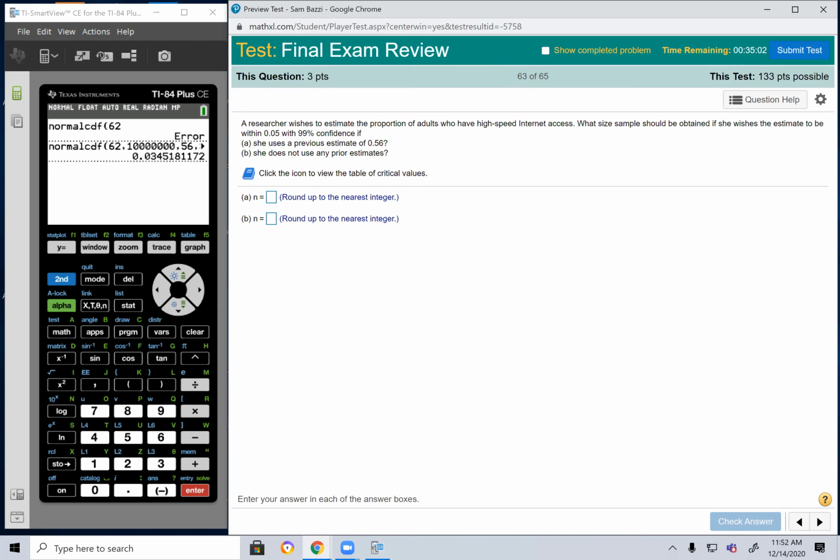So the margin of error E here is 0.05. We want to estimate the proportion. Here's the formula, and I will provide you with the formula, guys. Z_c over E, squared. If no preliminary estimate is given... okay, she used previously an estimate of 0.56.